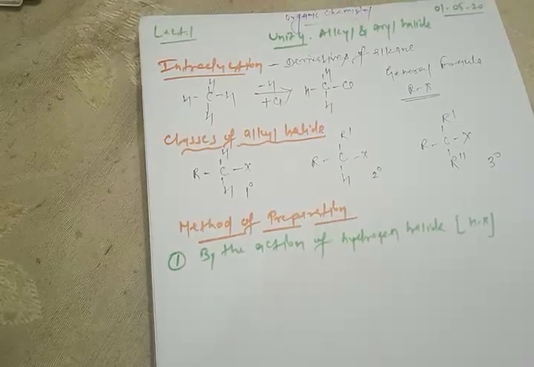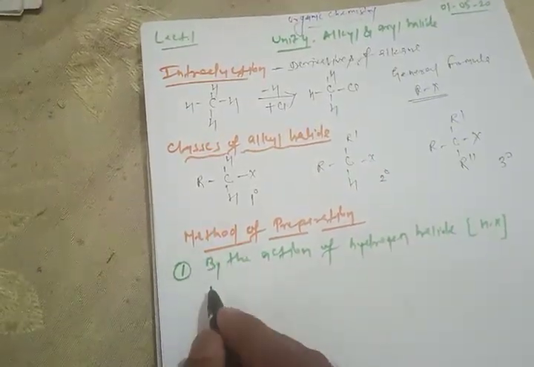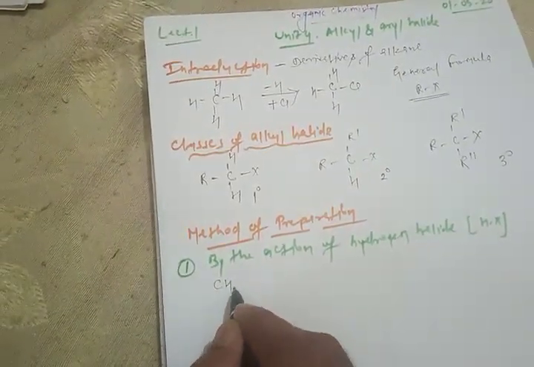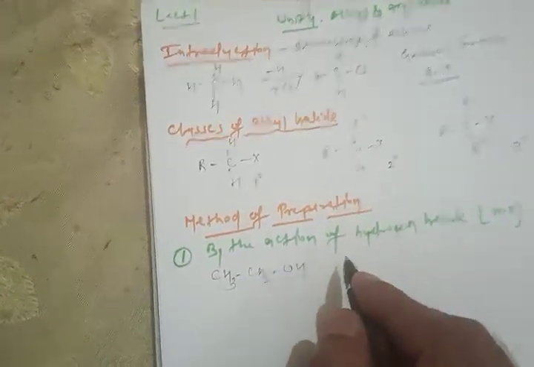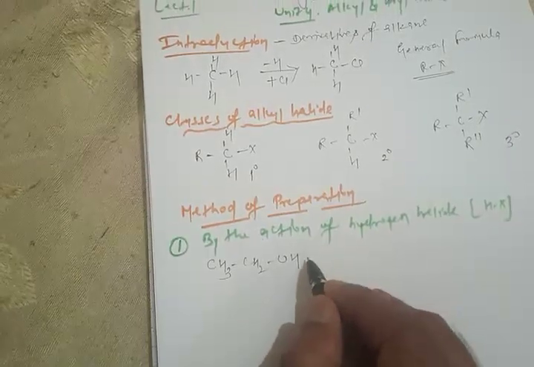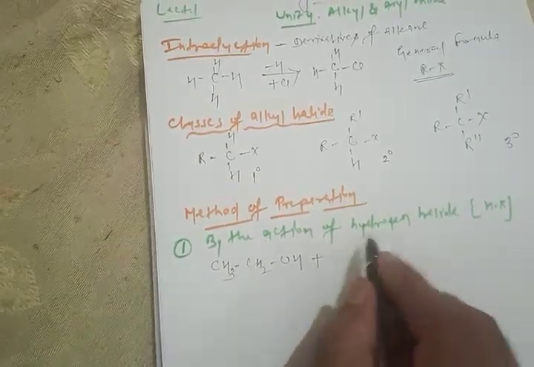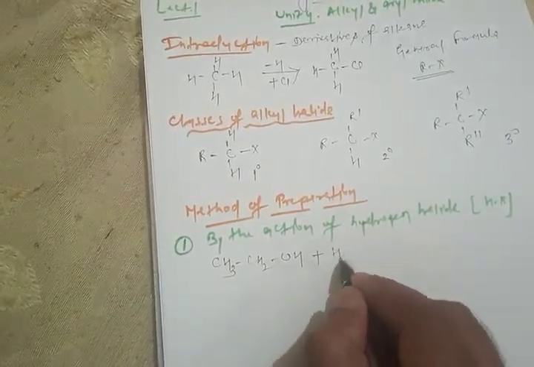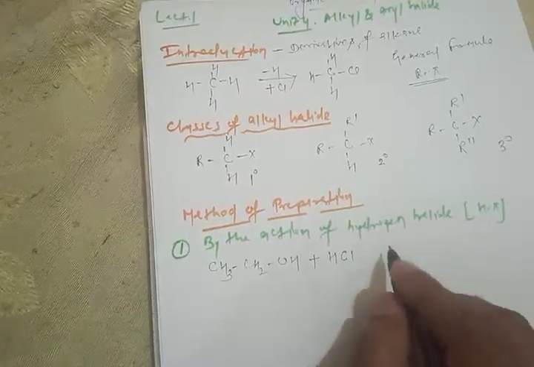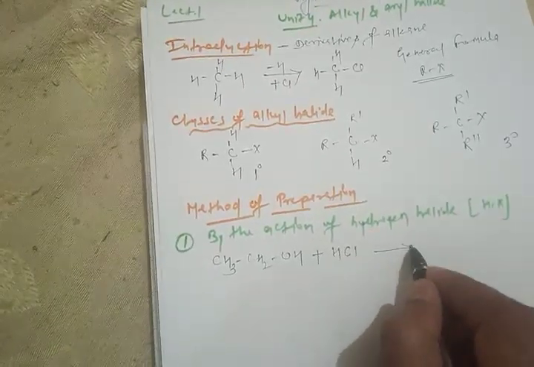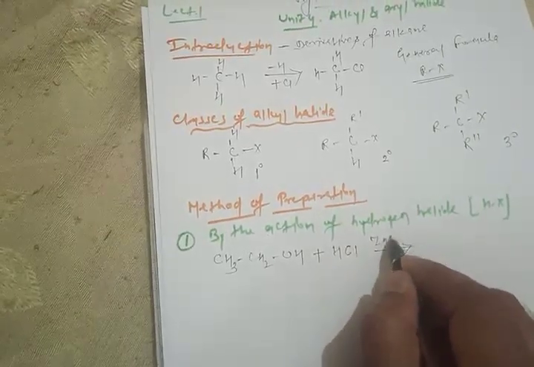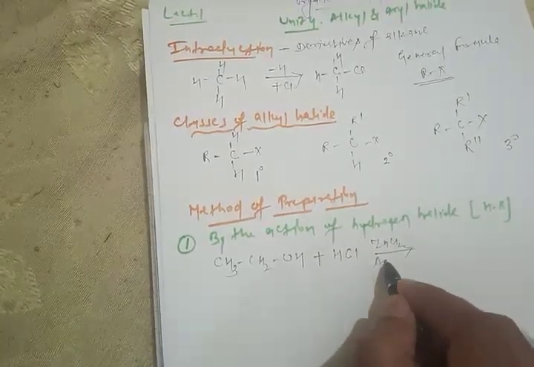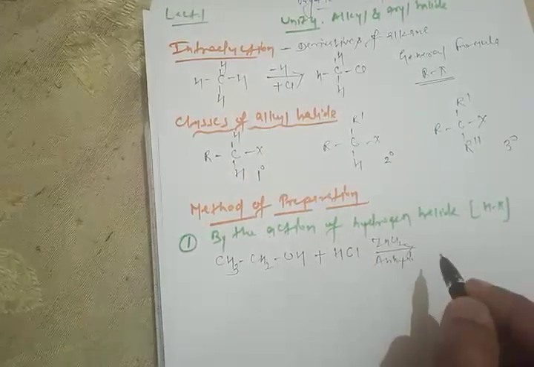We can take any alcohol. If you take ethyl alcohol, CH3CH2OH, this ethyl alcohol is combined with hydrogen halide. Here I can take HCl in the presence of, and that is very important, anhydrous zinc chloride.